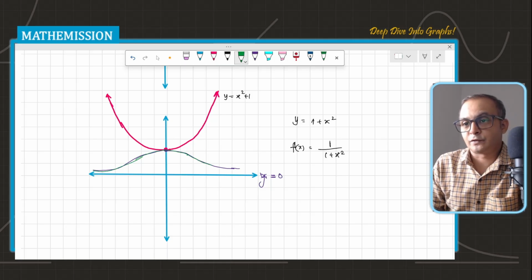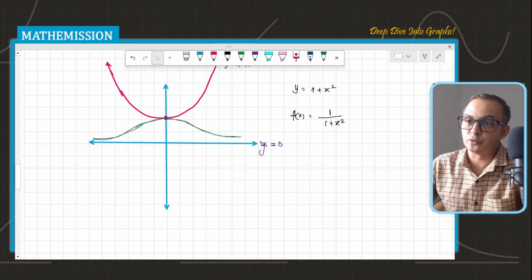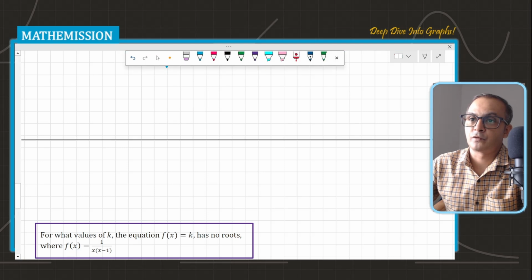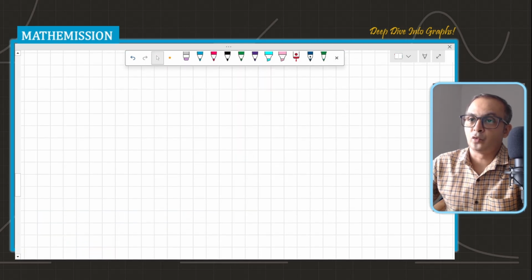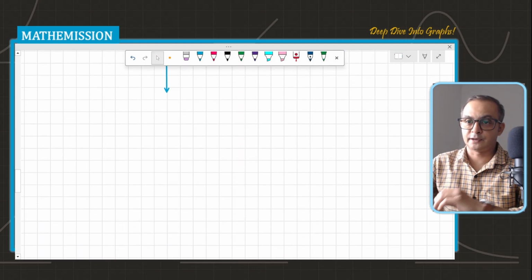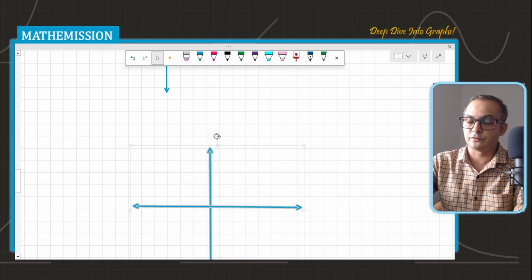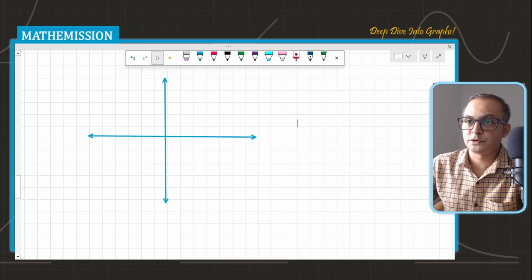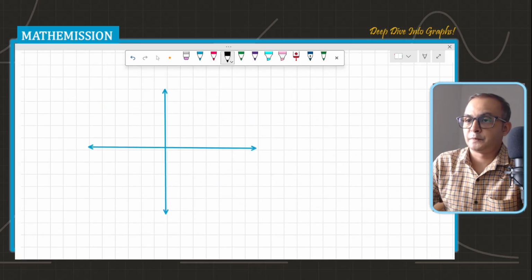How do we draw the graph of now 1 by 1 plus x cubed? For that, I need to take the help from 1 plus x cubed. So first I'm drawing the graph of y equals 1 plus x cubed.